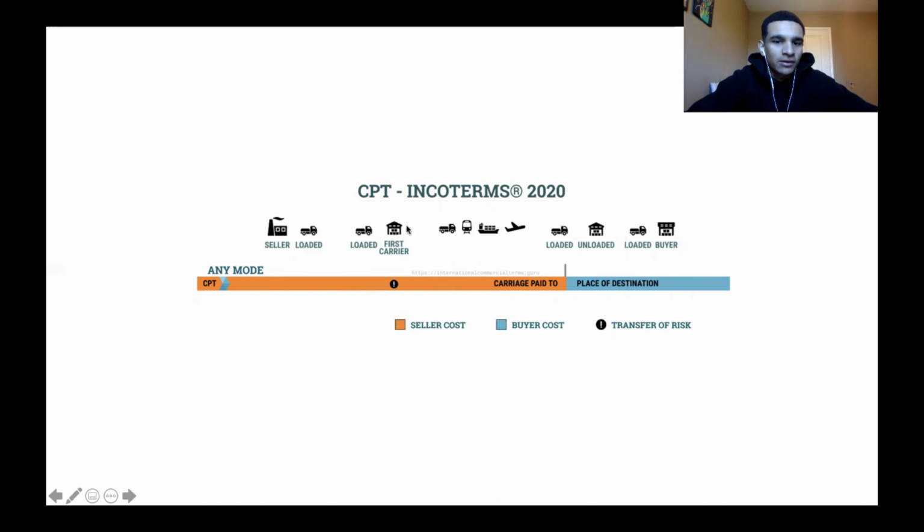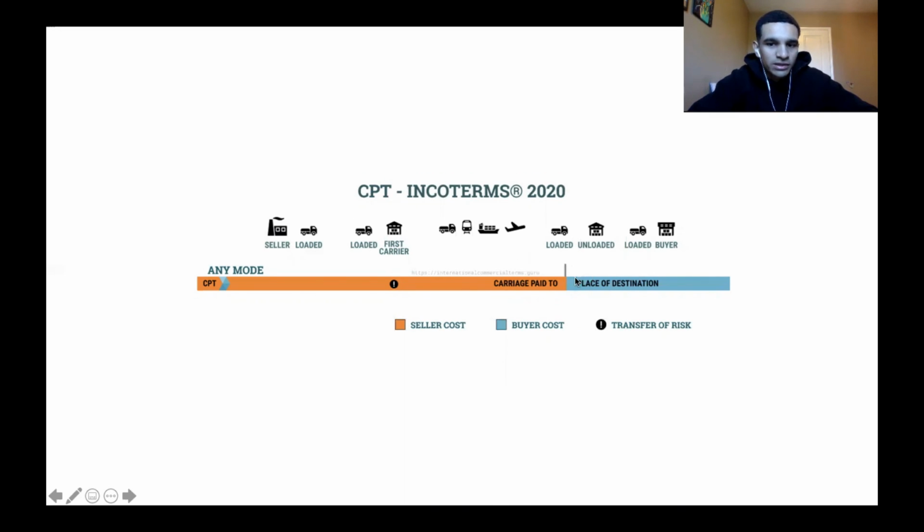So now this carrier is responsible for the goods, and if the goods are damaged, the seller, me, is no longer liable, so I don't have to replace the goods. I'm not required to insure them, so I'm not responsible for the goods being damaged during the shipping process.